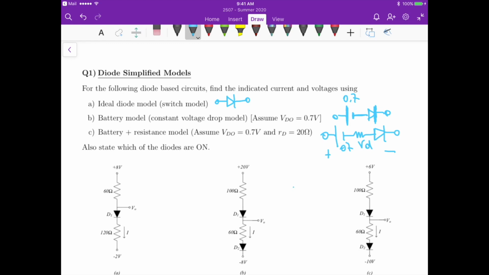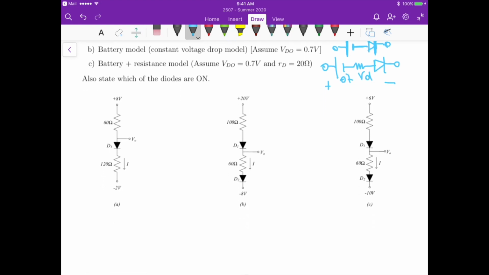So let's see the circuits that we have. I won't solve all these circuits here because they follow kind of the same methodology. For the first circuit we have just a single diode, so you can just assume it's shorted for the initial analysis in all three cases, and then you figure out that you have some sort of current.